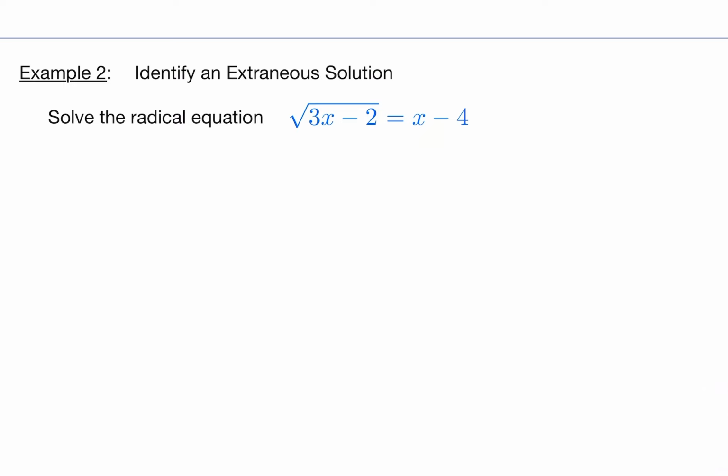This is where we're going to identify an extraneous solution, and I'll show you what I mean by this in a minute. Here we have the radical equation square root of 3x minus 2 is equal to x minus 4. What we're going to do here is square both sides.